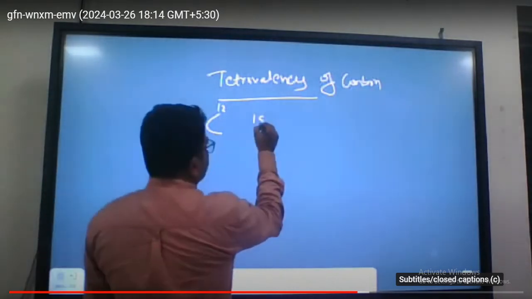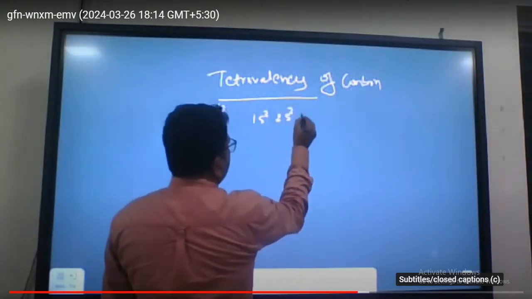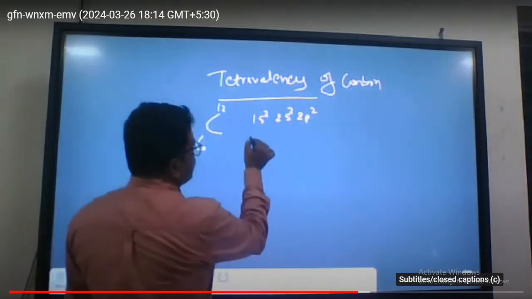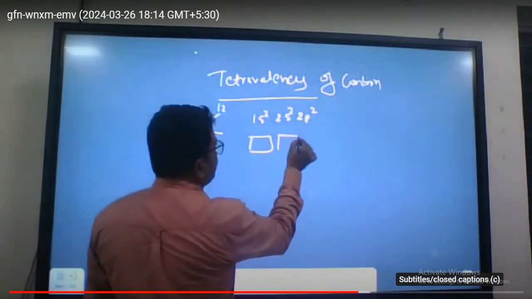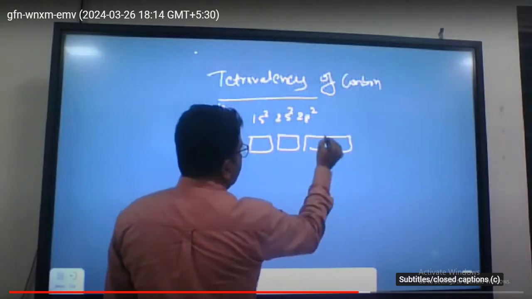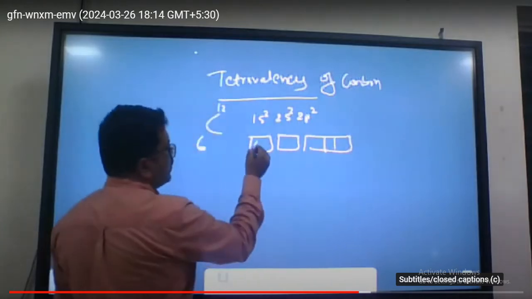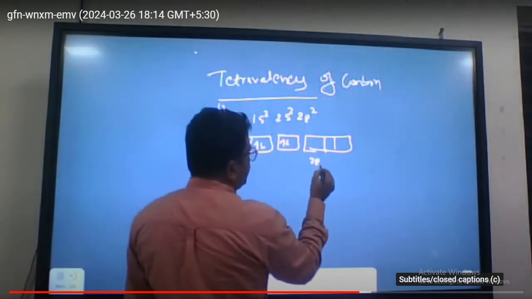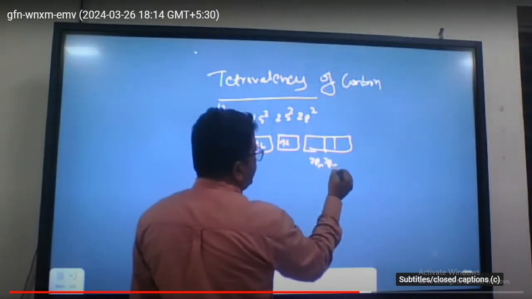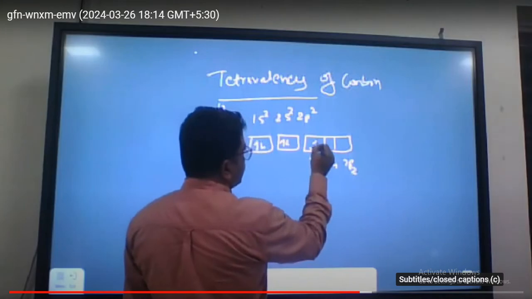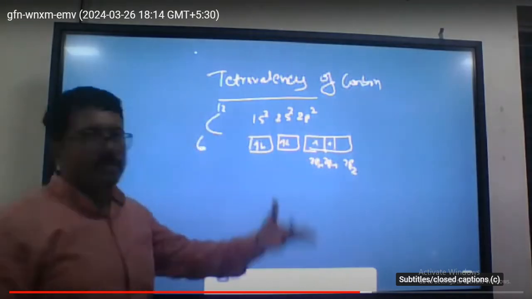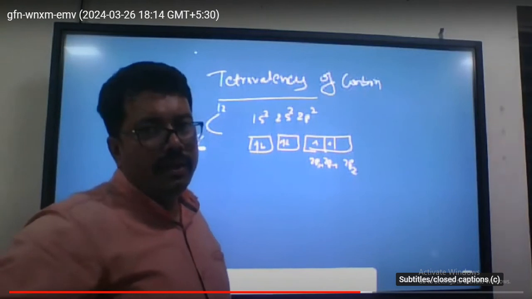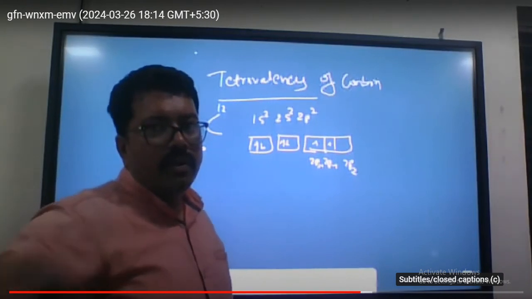So write the electron configuration: 1s2, 2s2, 2p2. I will draw the boxes. We know there are 3 p orbitals: 2px, 2py, and 2pz. So this is the electronic distribution. This is the carbon ground state.